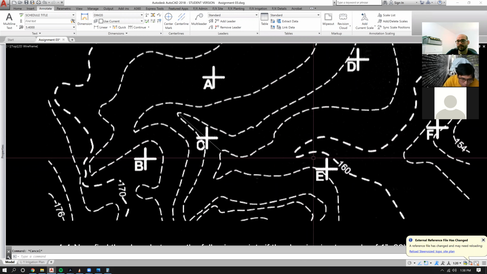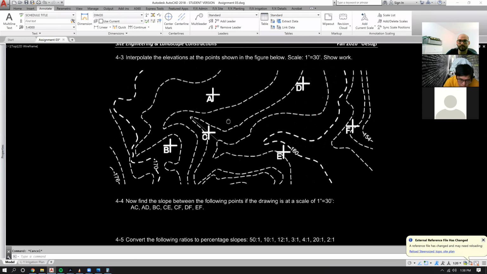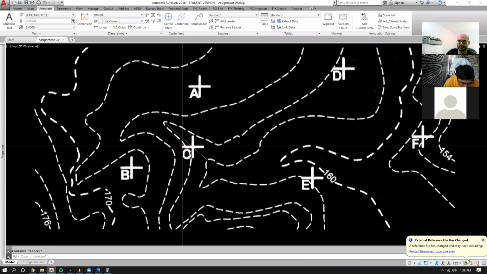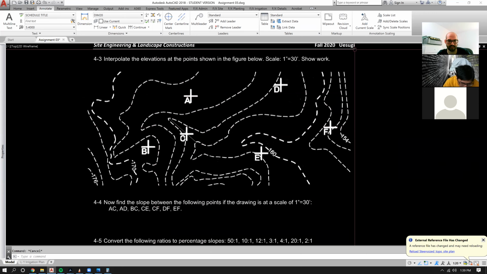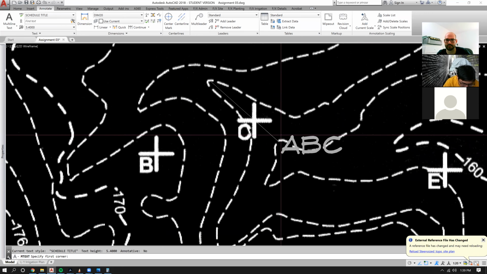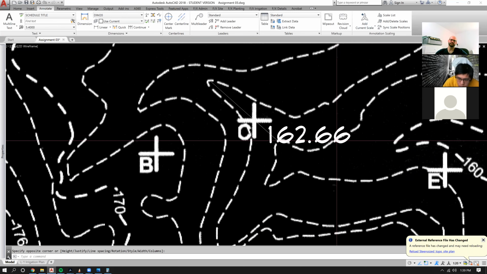Contours are every 2 feet, so the next one's 162, to which we're going to add 0.66. So our next point should be 162.66. Where did my text go? Hang on, I lost my. I'll just draw a new one. 162.66 feet.